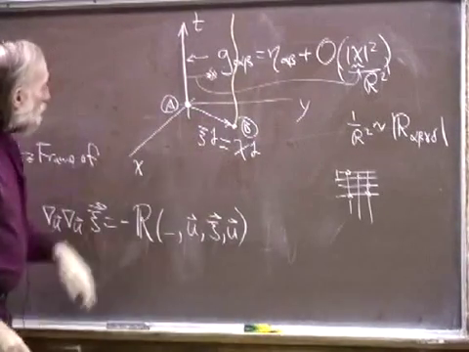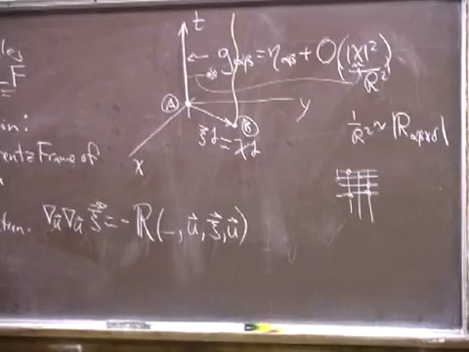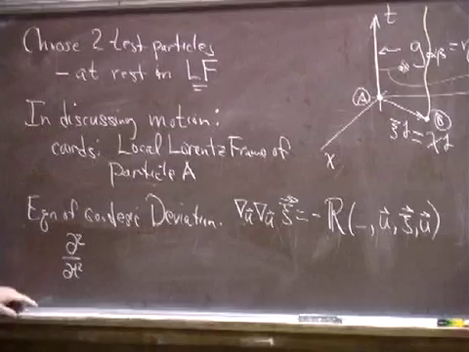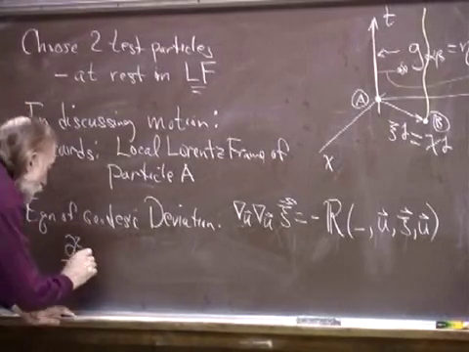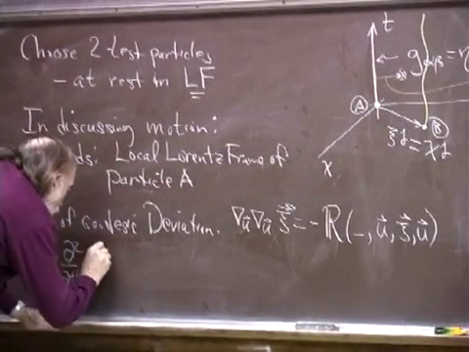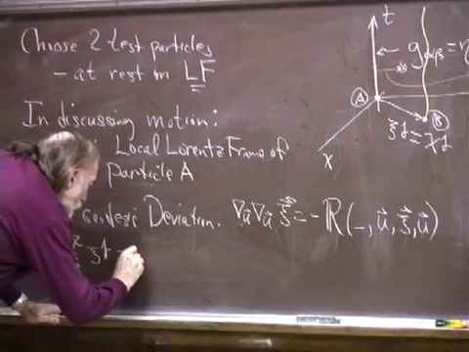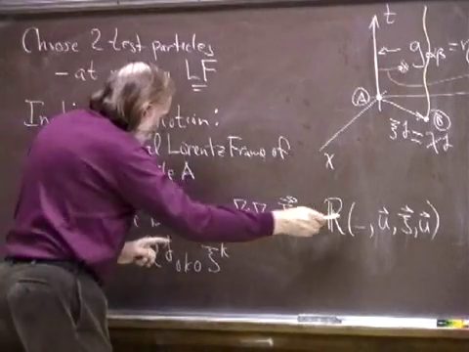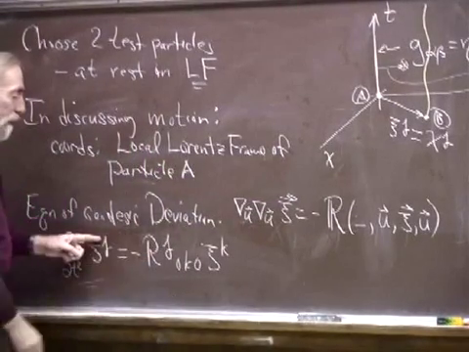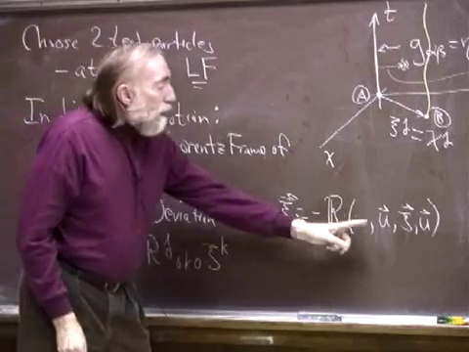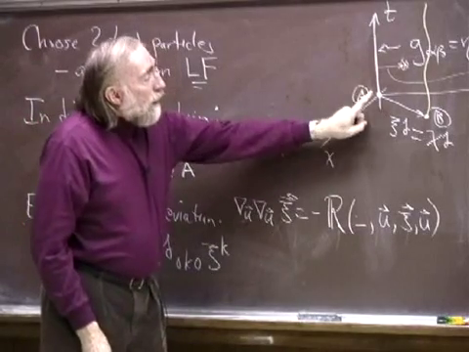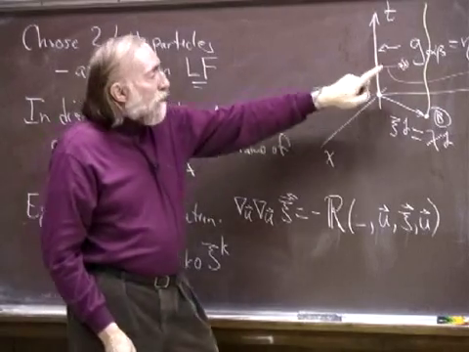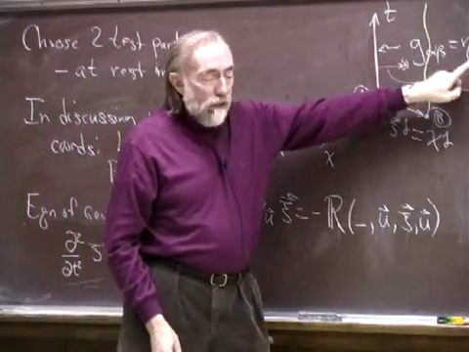And so coordinate time is the same as proper time, and the equation of geodesic deviation reduces to an ordinary partial time derivative, the second derivative of ξ^j, equal to minus R^j_{0k0}... This slot was empty, so this index j is the same as that index j. u is the four-velocity of particle A, a particle at rest in a Lorentz frame where the metric along its worldline is precisely the flat metric.